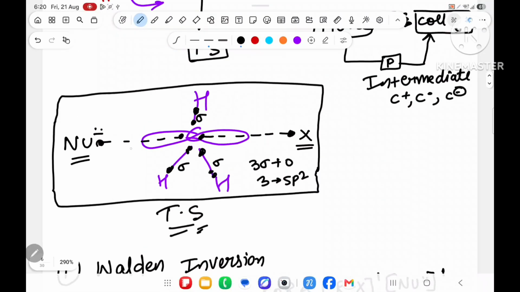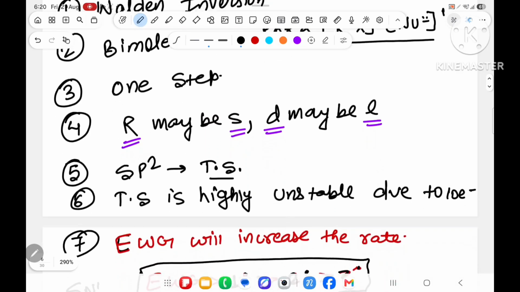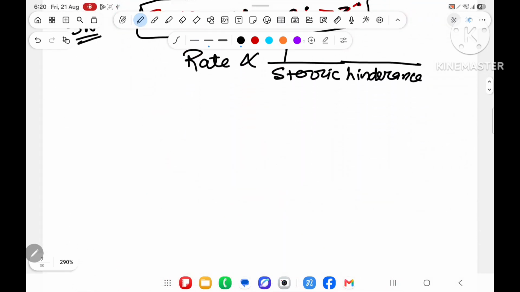Why is it inversely proportional? Because the nucleophile has to attack from the back side. If already lots of things are there, instead of hydrogen, CH3, CH3, CH3, then the nucleophile will not easily attack from the back side. Understood the point? Overall, what is happening? There is a nucleophile, and over here we have an alkyl compound, 1, 2, 3, and over here some leaving group.